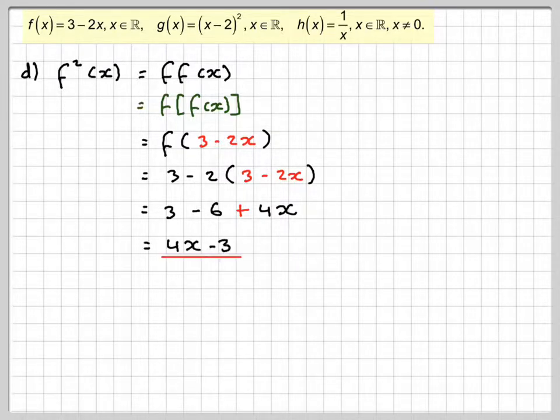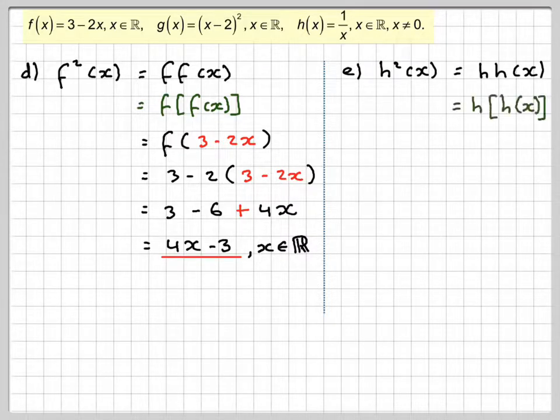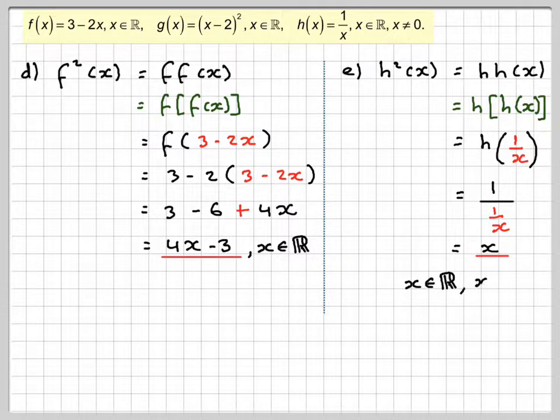That's going to give me 4x minus 3, x belongs to R. Finally, h squared of x means do h of h of x. So it's going to be h of 1 over x, which is going to be 1 over 1 over x, which is x. And x belongs to R, but x cannot be equal to 0, mainly because if we do this one time, we cannot put 0 into the function, even though we've got x here.